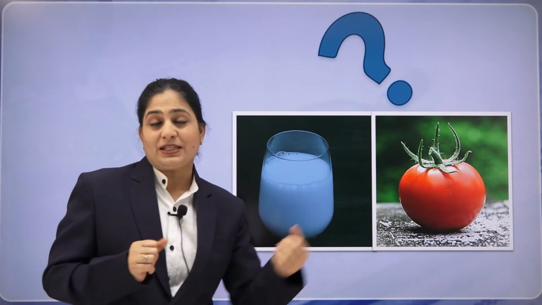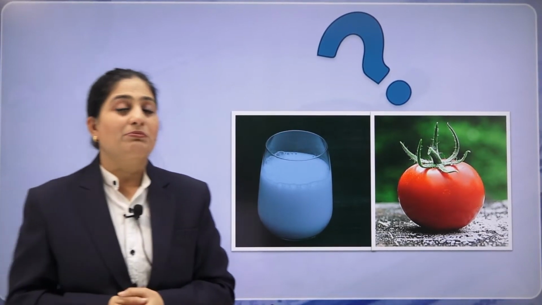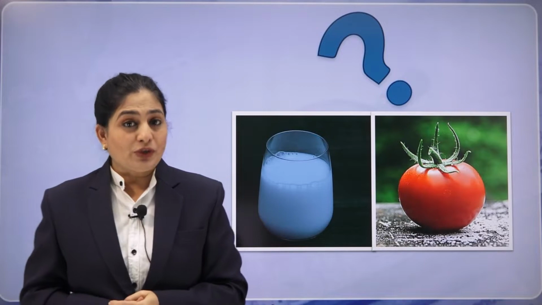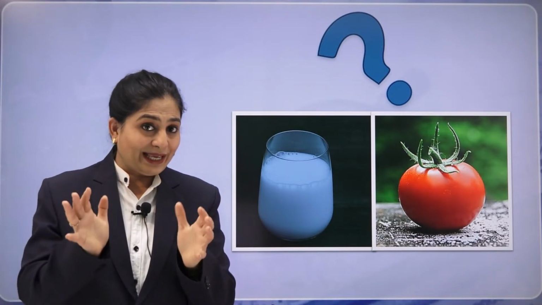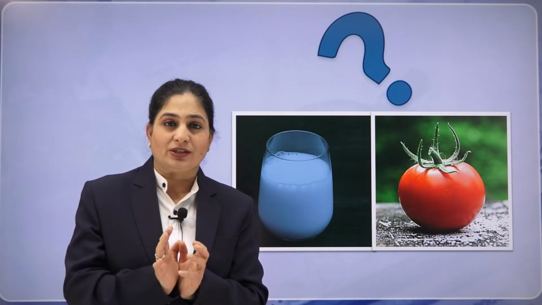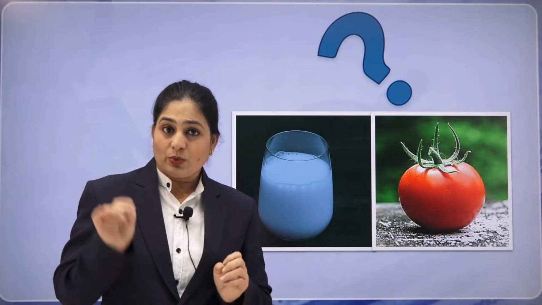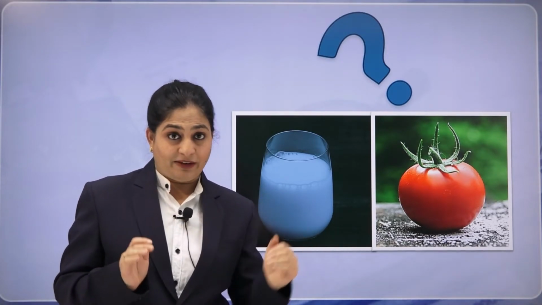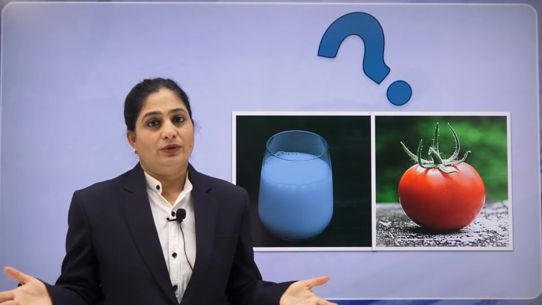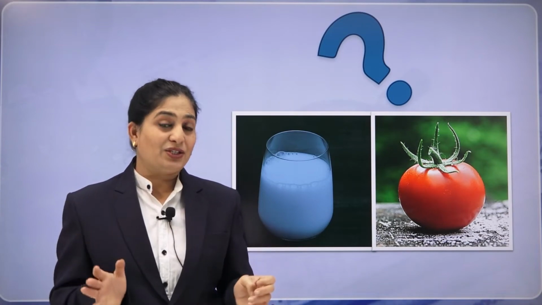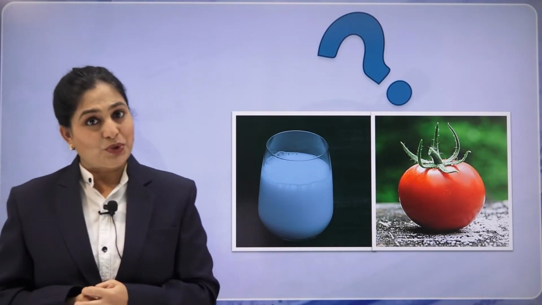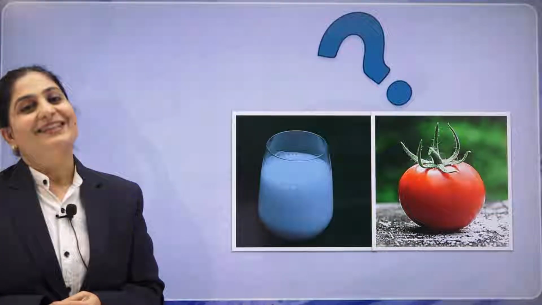Similarly, if your mom says to go to the vegetable market, you purchase 1 kg of tomato. 1 kg means some specific unit has been mentioned. Without a unit it is incomplete. If I ask you to go and purchase 2 of milk, what is 2? There should be some unit, some parameter. That's why we need to study and understand these parameters.